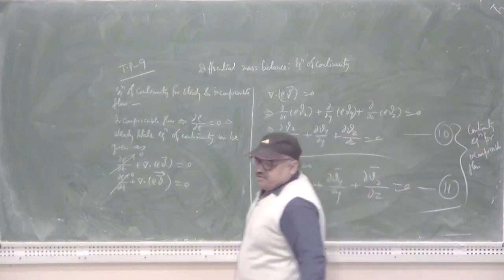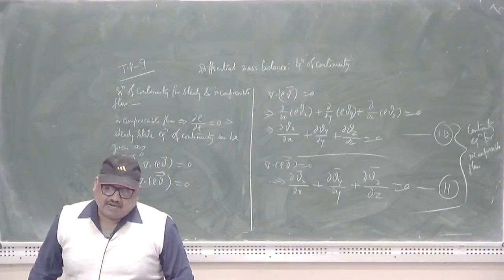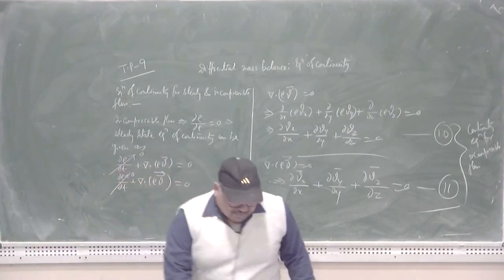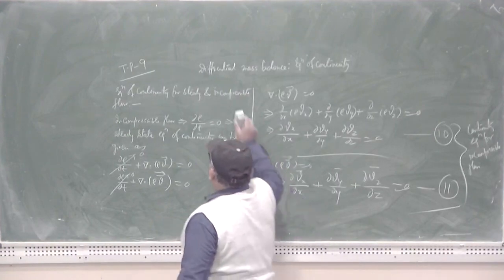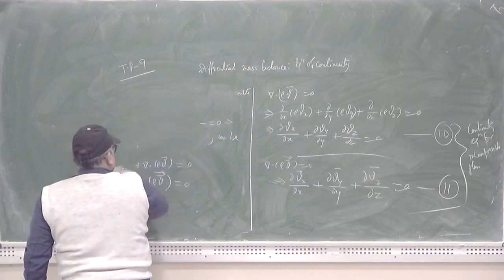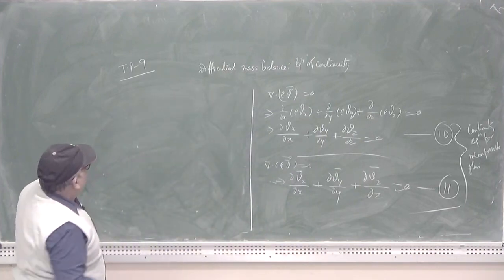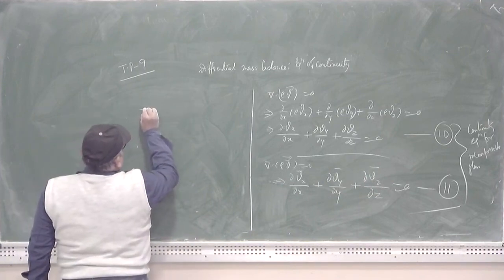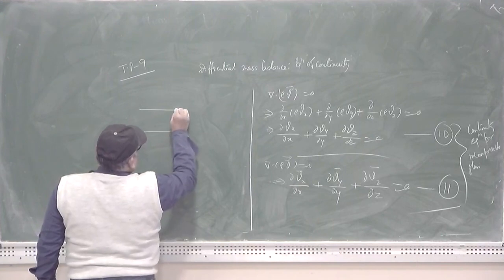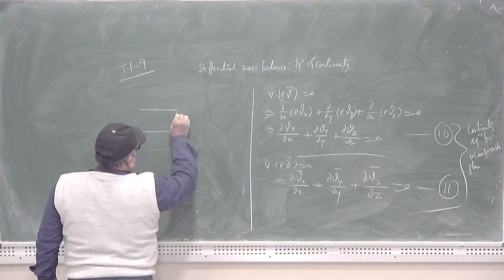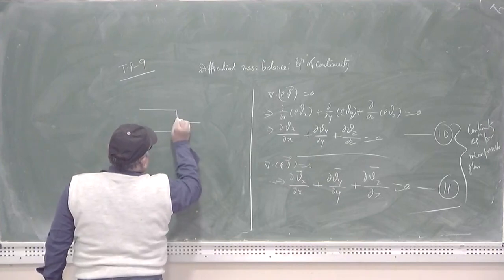The equation of continuity has a very important fundamental application. Let me give you one example. Let us suppose this is the cross section of a conduit, and the cross section suddenly decreases to a smaller value.